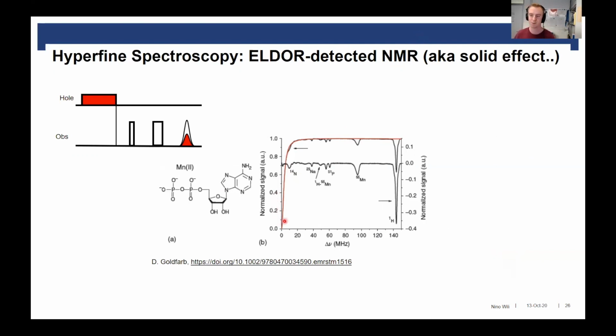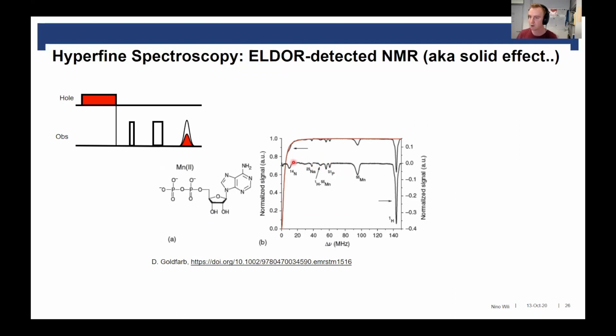Of course, you saturate your signal if the hole burning pulse is exactly on resonance with the observer pulse. That's why you produce this hole here in the center. But then if you go to higher offsets, if you change the frequency difference between hole burning and observation, you start seeing these side holes, which encode the nuclear frequencies. So here you see phosphorus. This is the combination line.